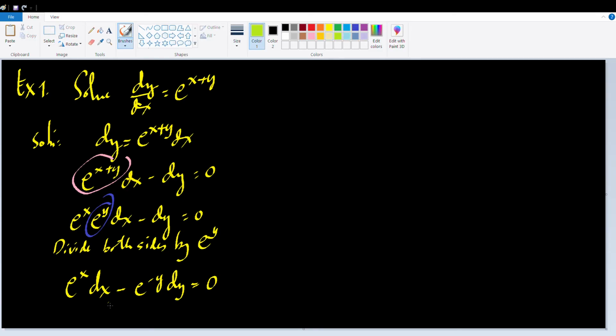So we can see now that the coefficient of dx is a pure function of x, and the coefficient of dy is a pure function of y. So we just evaluate the integral of both sides, and what do we get? e raised to x minus the integral of e to the negative y dy, which is negative e to the negative y, equal to c, where c is an arbitrary constant.